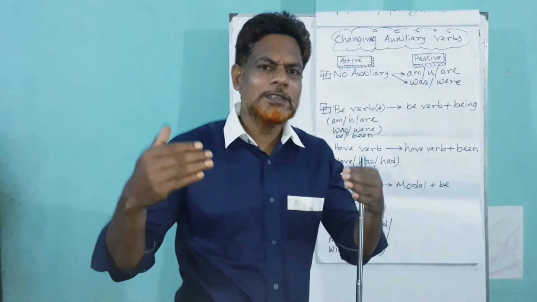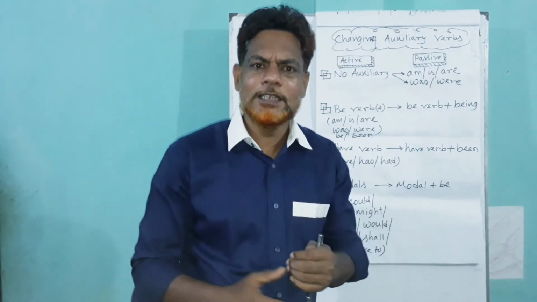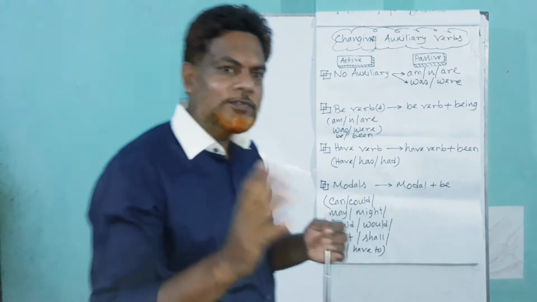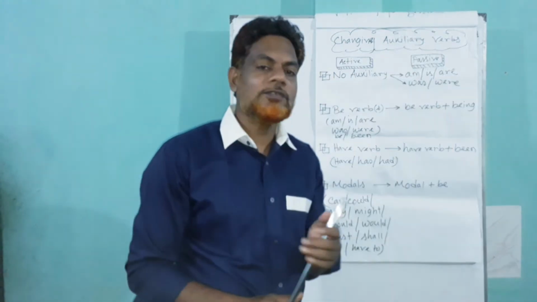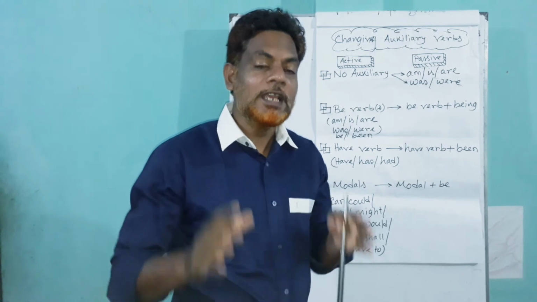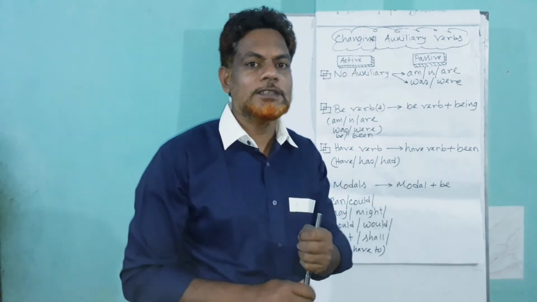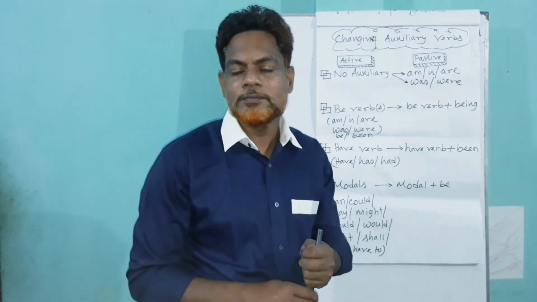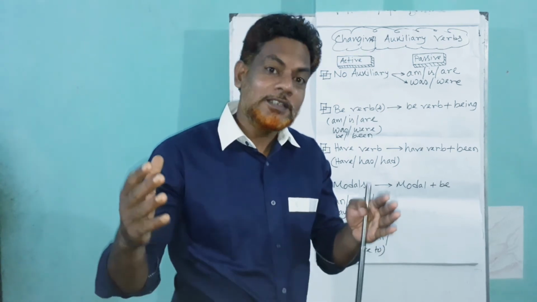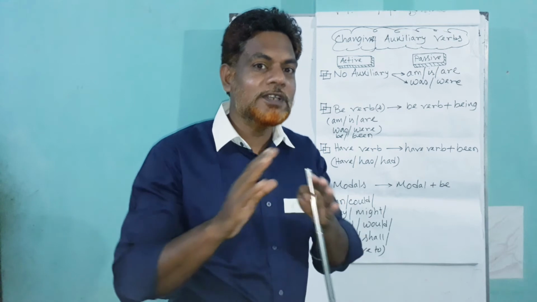It's not necessary to identify the tense of the active voice if you know which auxiliary verb will be used in passive voice. If you know this use of auxiliary verbs, then even if you can't identify the tense of the active voice, you will face no problem.